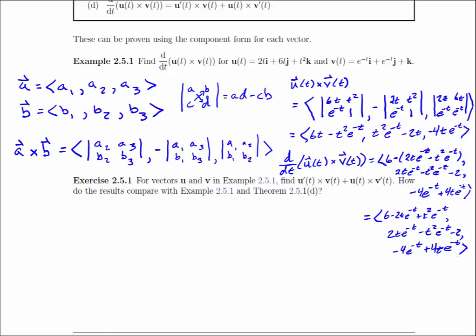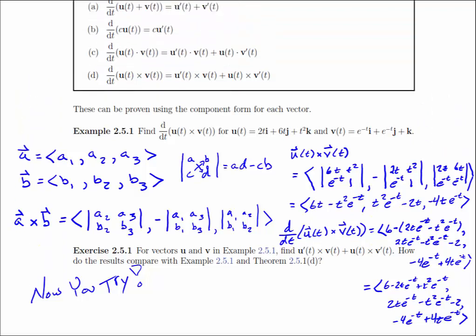Okay, so make sure you're okay with all of that, and then I'll have you try this next one. But on this one, we don't want to do all of this where we take the cross product first. Instead, we want to use our formula up here.